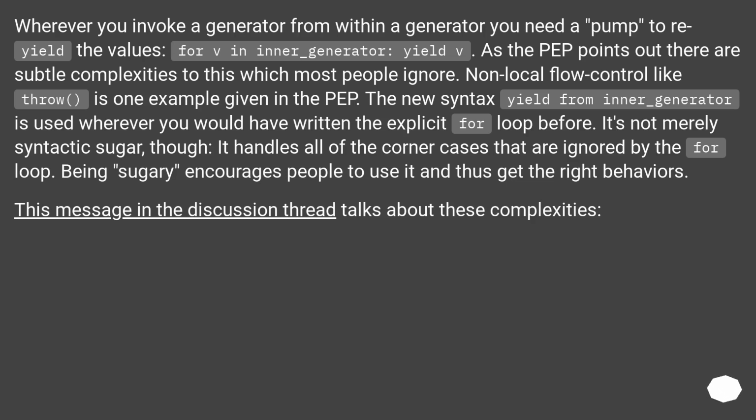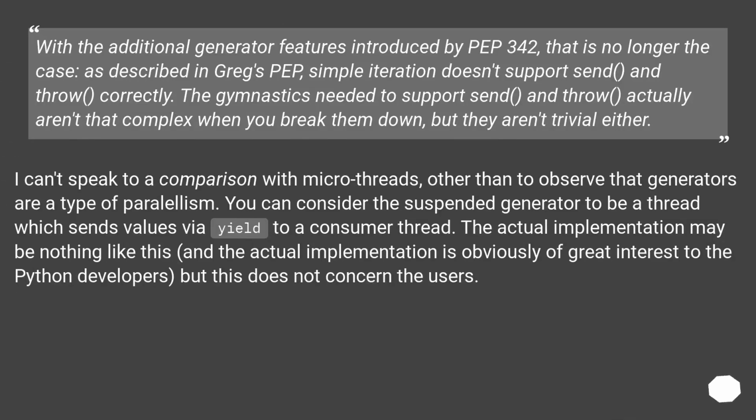This message in the discussion thread talks about these complexities. With the additional generator features introduced by PEP 342, that is no longer the case. As described in Greg's PEP, simple iteration doesn't support send and throw correctly. The gymnastics needed to support send and throw actually aren't that complex when you break them down, but they aren't trivial either.